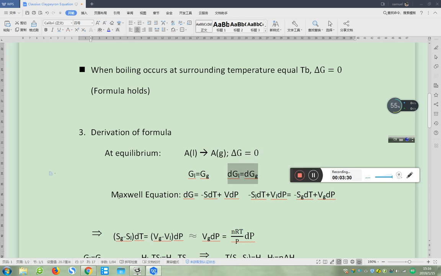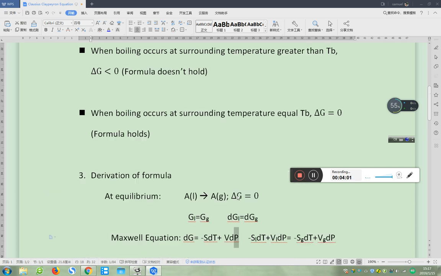Recall we have learned the Maxwell equation, which relates the differential of the Gibbs free energy to the temperature and the vapor pressure. This equation is dG equals negative entropy of a substance times dT plus the volume times dP. Notice the P here is the vapor pressure.